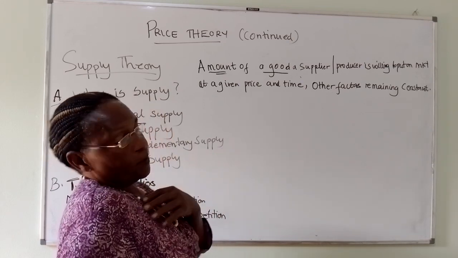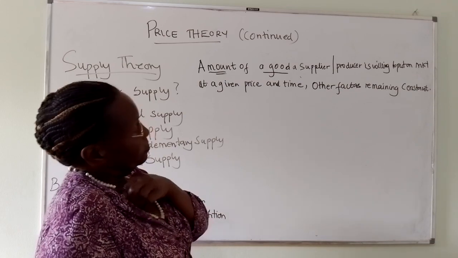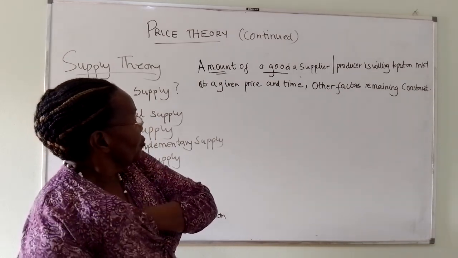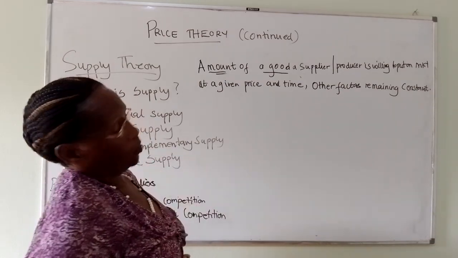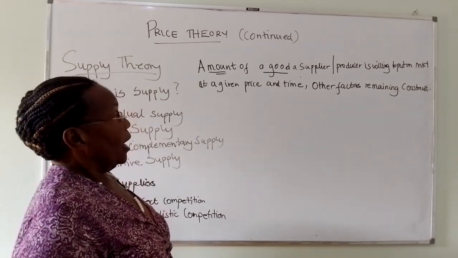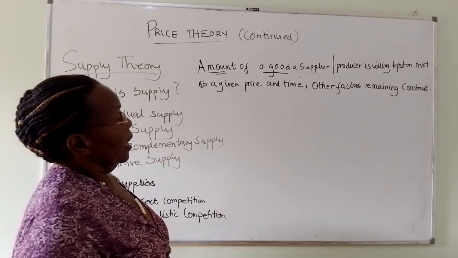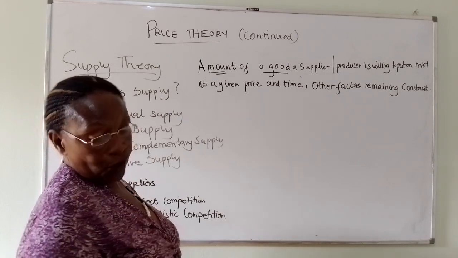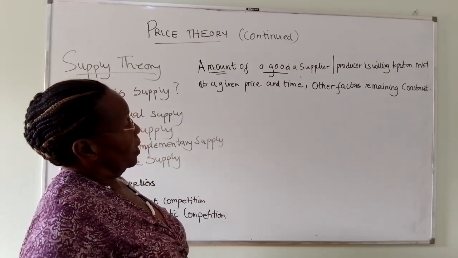Then we also have cost of production. How cheap or how expensive is it for you as a supplier to produce your good? Is the labor you employ in the production process cheap? Are you able to have the machinery? Can you get money in form of loans at low interest rates, or are they high?